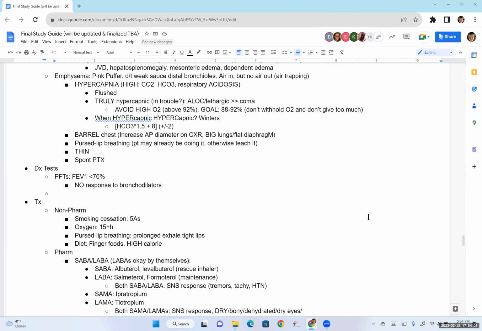Or the diaphragm is getting fatigued, doesn't have enough oxygen circulating around to actually do its thing. And then now you're at risk for respiratory acidosis because you don't have the O2 for your muscles to move. Right, so that's always the complication of respiratory alkalosis: it could lead to respiratory acidosis. They get fatigued. Right, so that's chronic bronchitis ABGs, emphysema ABGs. Emphysema ABGs have what kind of CO2? High CO2. Right.